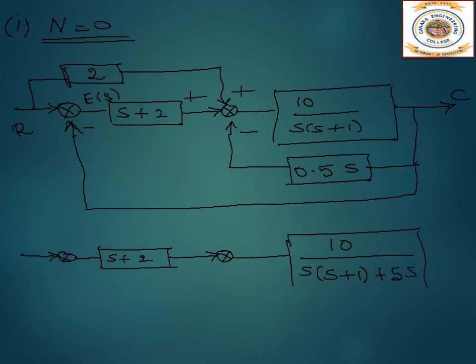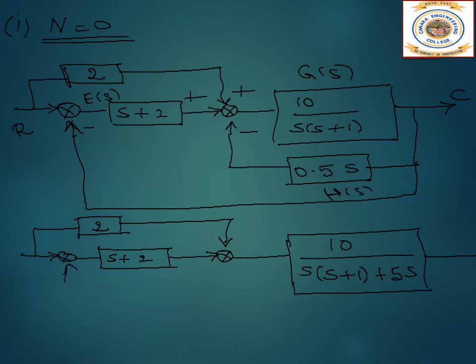I've directly written it over here. You please simplify. So here we get 2. This is G of S and this is H of S, 0.5S. So apply the formula and find out. You get this expression, and this is there as it is because we have not solved this. Okay, this is negative feedback. So R and C. We have got so much.